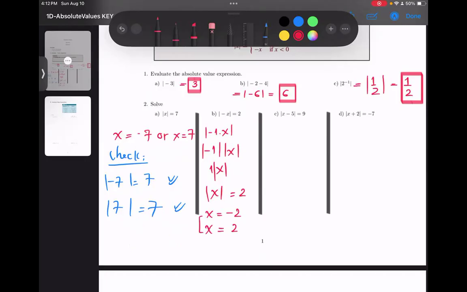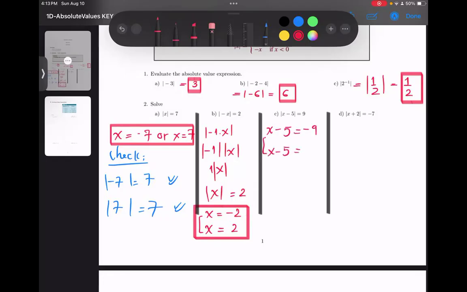That bracket means or. In this case, box my solution. Same thing here: x minus 5 can be -9, or x minus 5 can be +9. Whatever is inside the absolute value can be +9 or -9. Then let's solve.